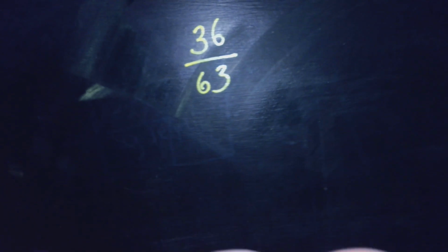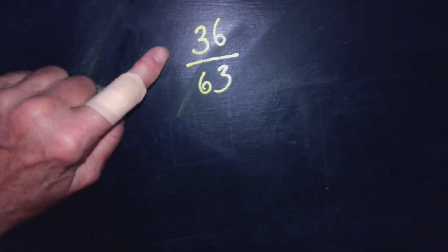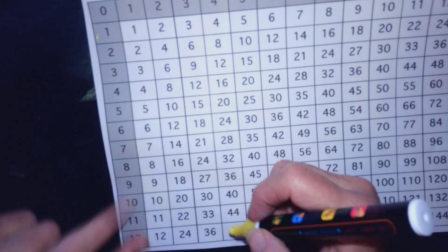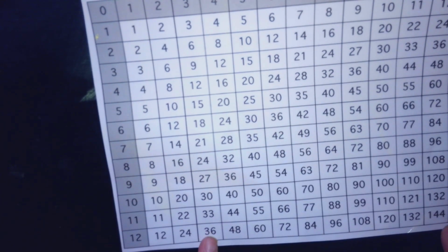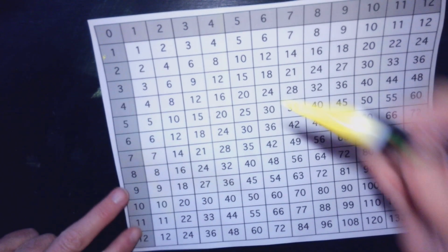Now those are some big numbers, but if you have your multiplication chart, it makes it a little bit easier. Find the columns that have both 36 and 63 in them. Well, this one has 36, and I don't know if it has a 63 because it stops at 36. So let's go to another column.